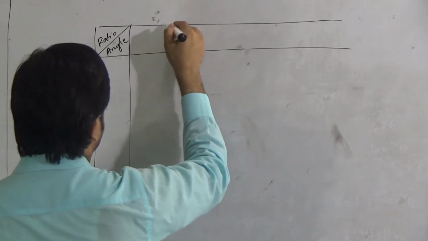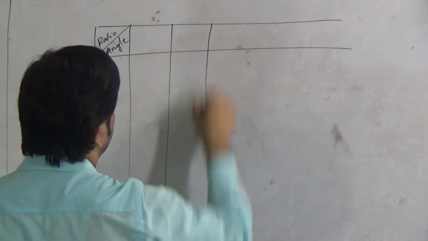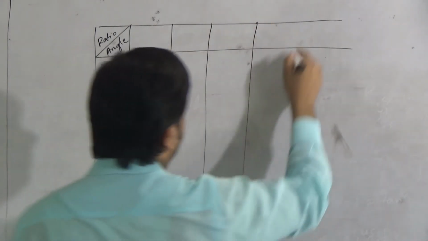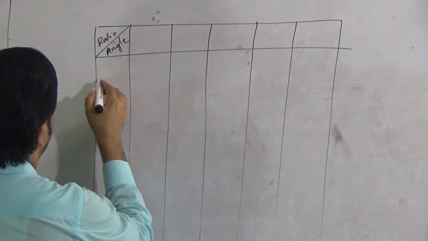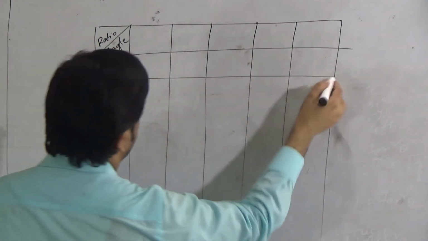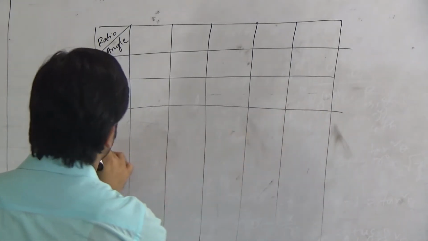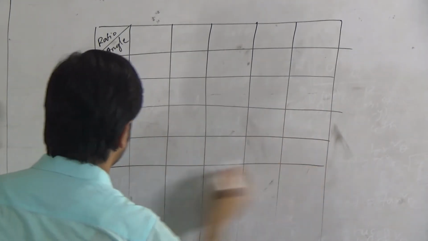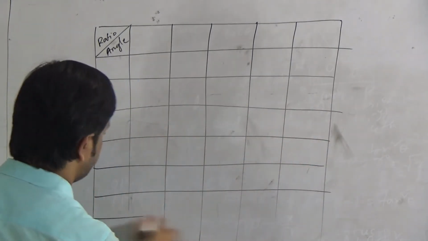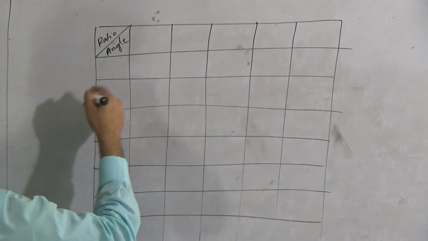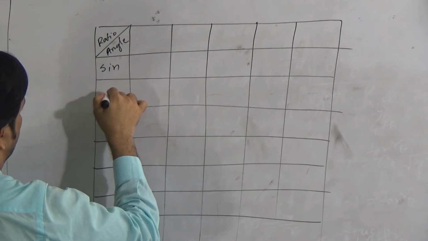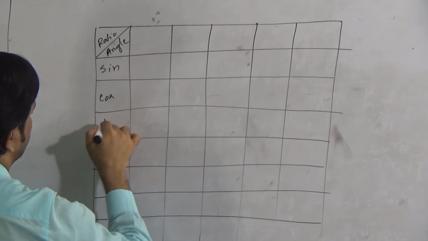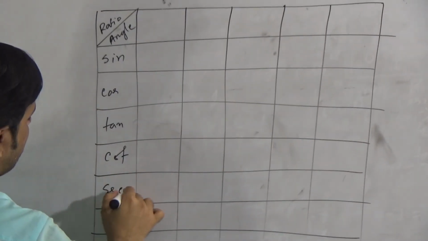So I will write the angles 0 degree, 30 degree, 45 degree, 60 degree, 90 degree. Here I will show the ratios: sine, cos, tan, cot, sec, cosec.